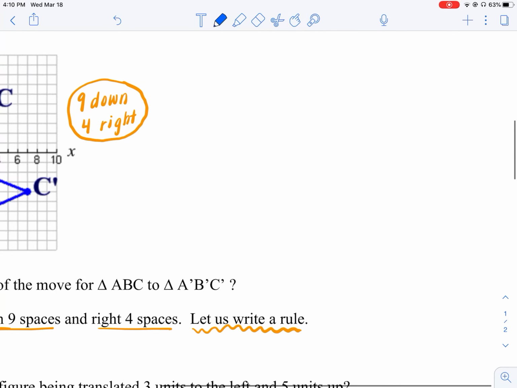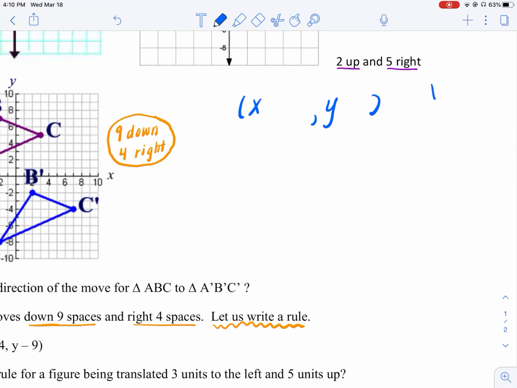Every time you're moving on your x-axis and your y-axis, now, if you don't remember, your x-axis is the one that goes left and right, and your y-axis is the one that goes up and down. So every time I see that, and I'm moving either up and down or left and right, I'm going to write a rule.